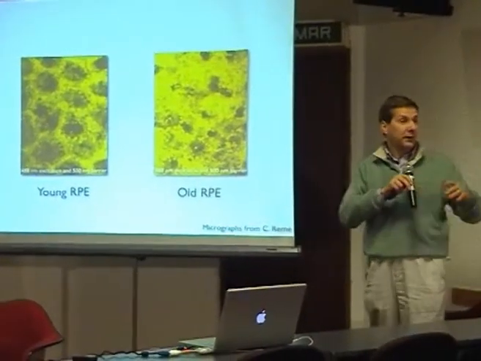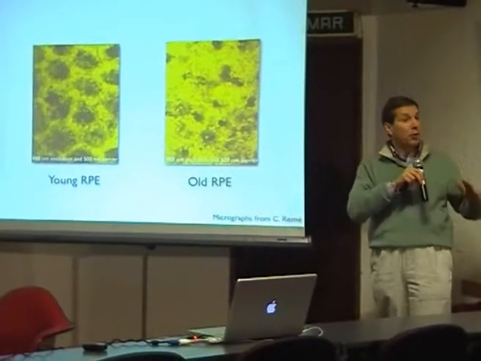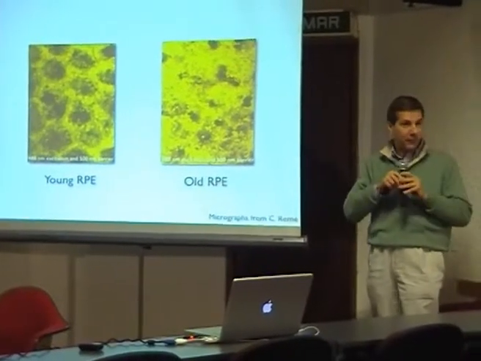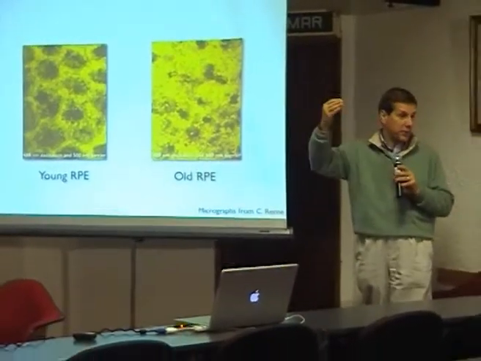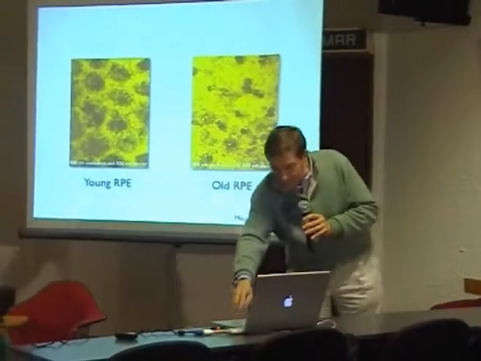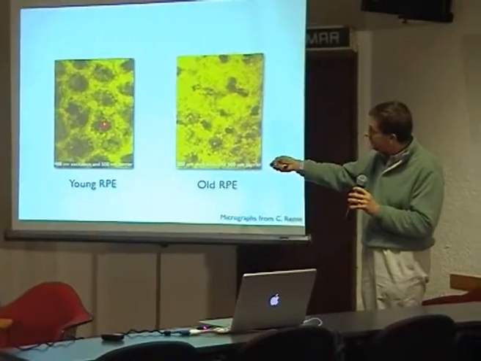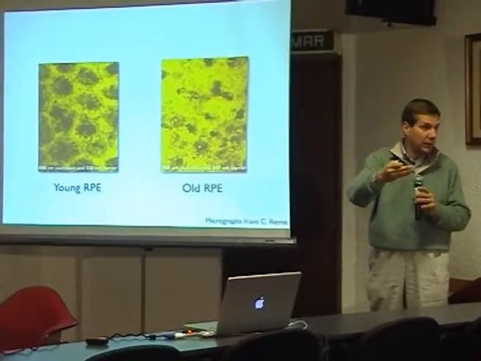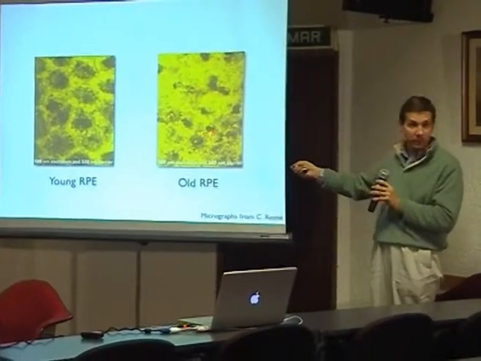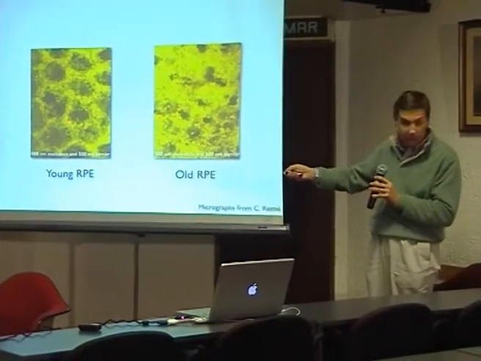In fact, you can say that the more you grow, the more you glow, because the fluorescence is increasing with age. This is a flat mount of RPE cells. You see melanin inside. It's higher also in young people, but not in old people. And you see that there is more fluorescence here, but not here.